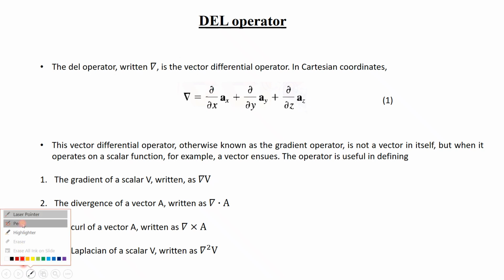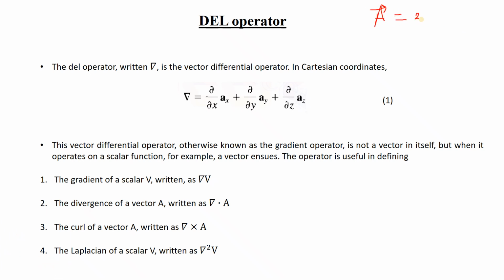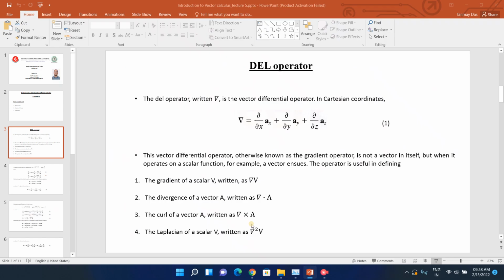A vector a is written like this: 3 unit vector x plus 4 unit vector y plus 7 unit vector z. These are the coordinates, and unit vectors represent that it is a vector. When we apply the del operator, it will be applied on each individual axis.